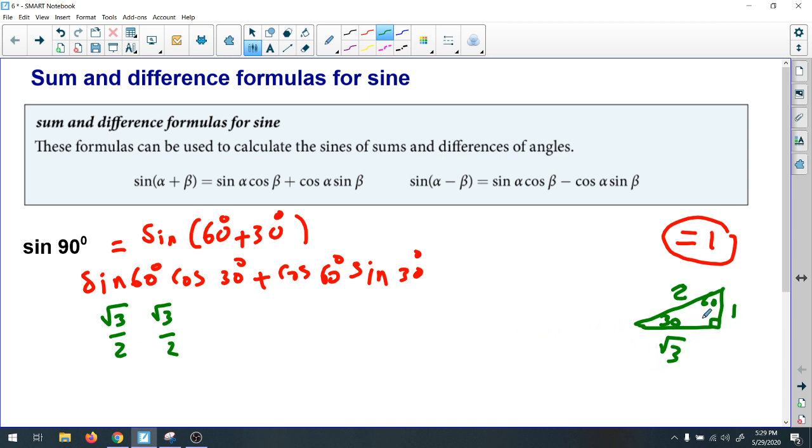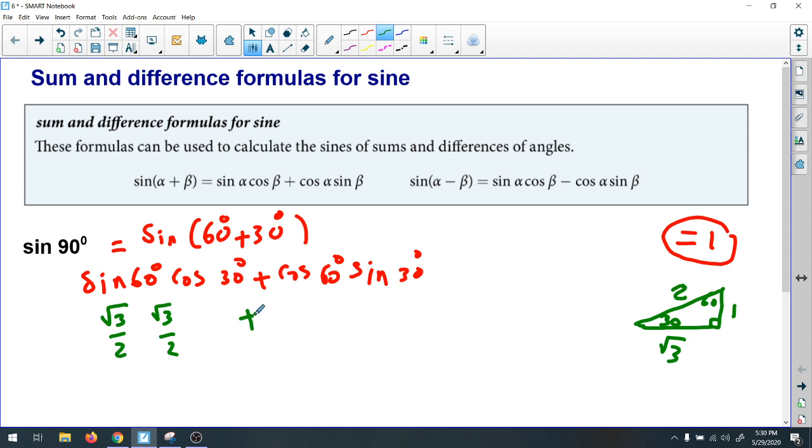So we could find all ratios here, sine of 30, cosine of 60, sine of 60, and cosine of 30. Cosine of 30 is adjacent over hypotenuse, which is square root of 3 over 2. And sine of 60, the opposite of 60, is square root of 3 over 2, the same. 60 and 30 are complementary angles.